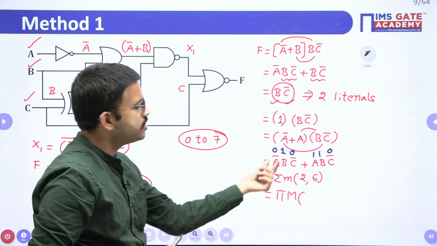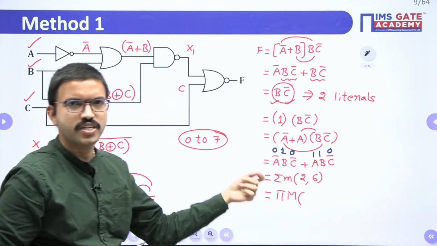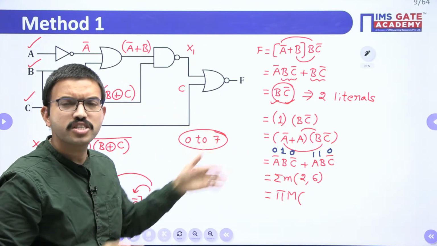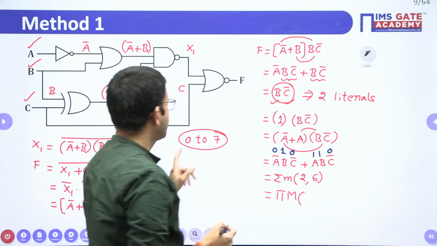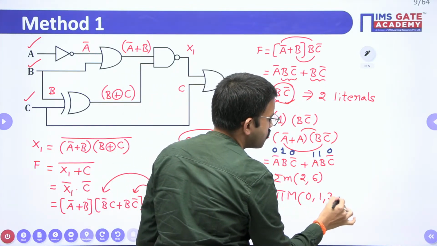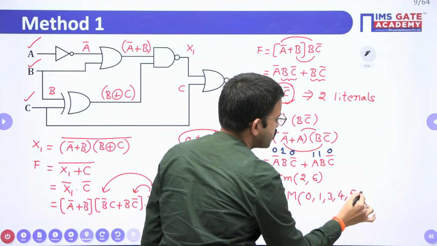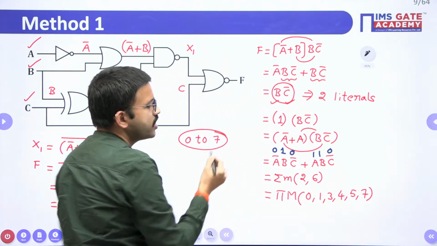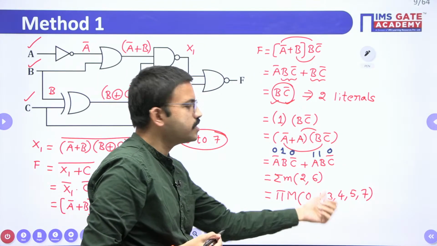That means for these 2 input combinations you are getting output as 1. That means for the remaining 6 combinations you will get output as 0, right? So pi capital M 0, 1, 3, 4, 5, 7. Within this range, other than these terms, the remaining terms you can write.